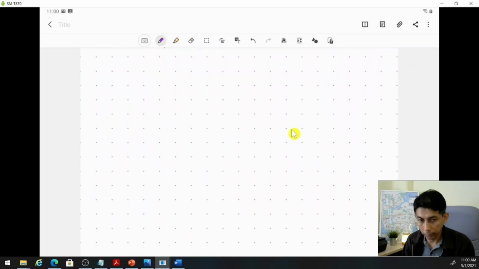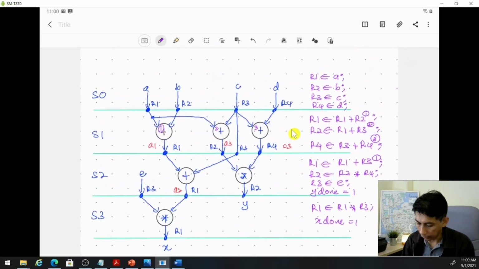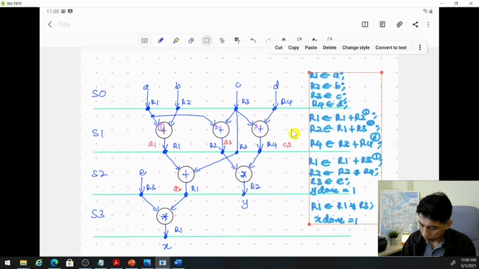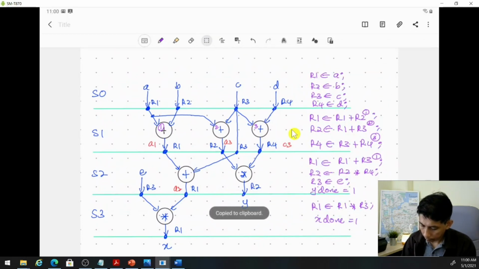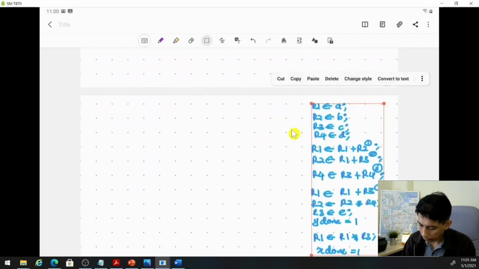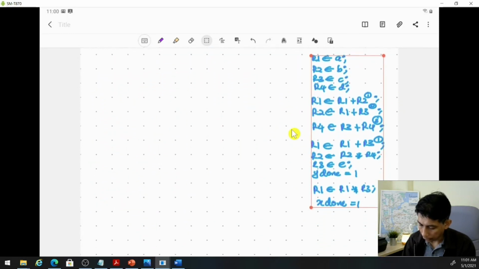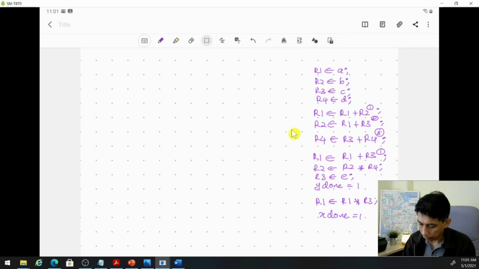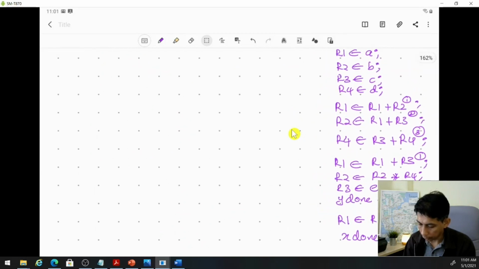So from the RTL code, we can create the data path. All right, so let's draw our data path here, but we need the RTL code in order to draw the data path.